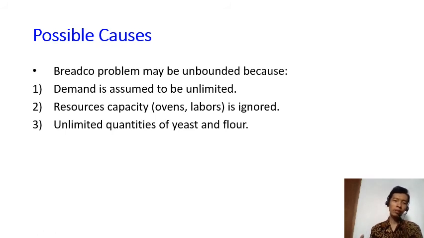So again, this all means that you may produce as many breads as you want and people will just buy all the breads that you have. If that's the case, then it's very good, right? If you have a bakery, it means that you just keep producing as many breads as you want and then you get unlimited revenue, right? But that usually is not the case in real world problems. So when you have an unbounded problem, usually something is missing in your model.